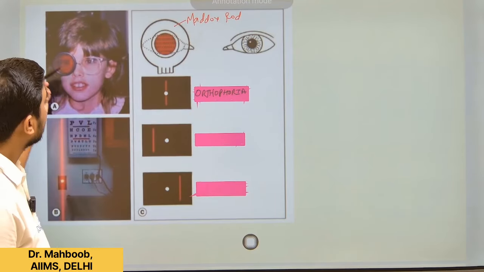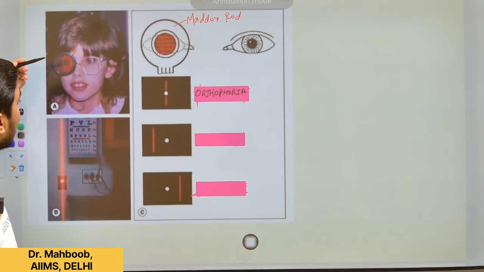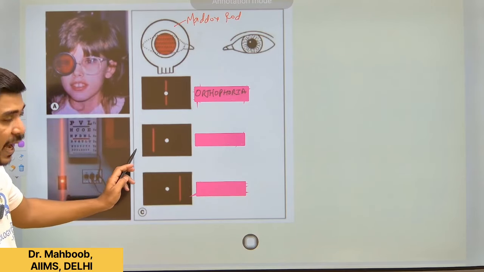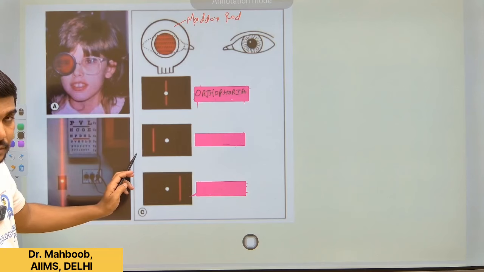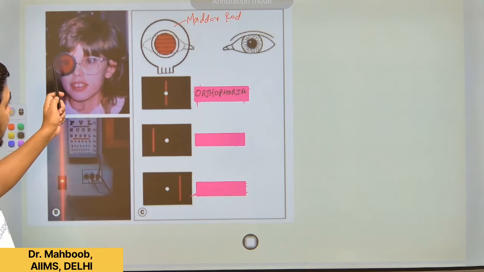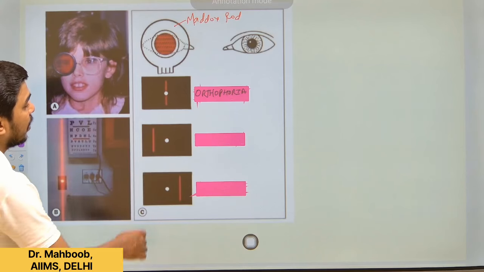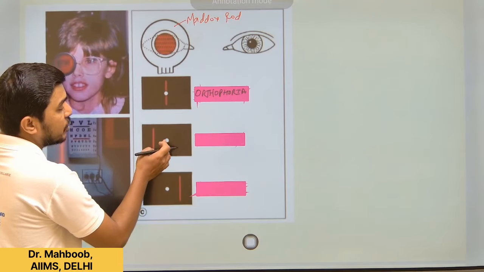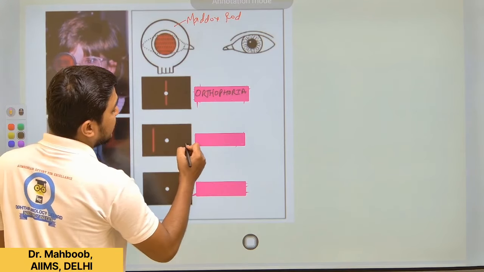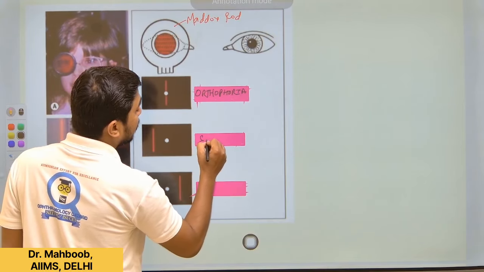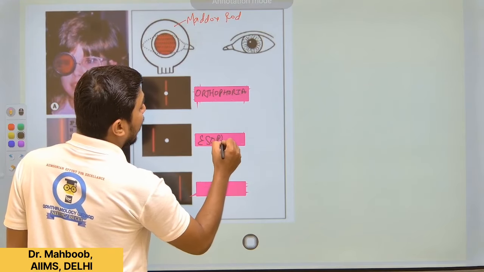Now see, the Maddox rod is on the right eye, and this line is also on the right side, and this dot is on the left side, that means it is not crossed, so it is esophoria.